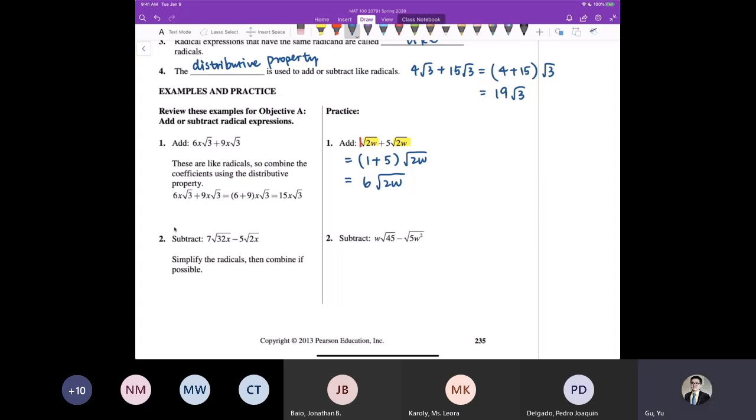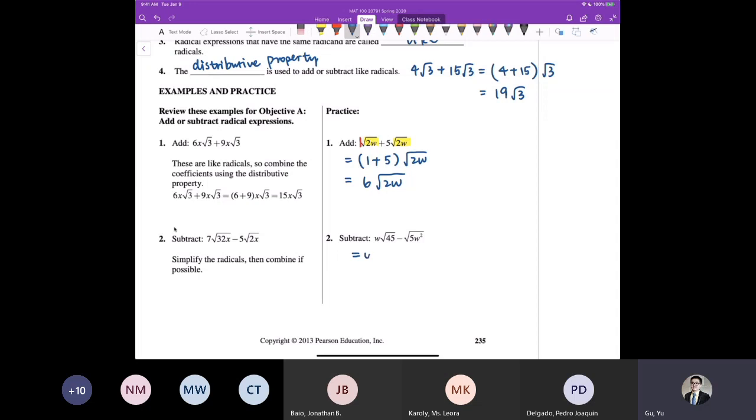But most of the time, the expression is not going to appear as like radicals, and you have to simplify them yourself and then combine them. For example, number 2, subtract w radical 45 and w radical 5w squared. So that requires us to simplify because right now they don't have the same radical part. Let's simplify each of them.